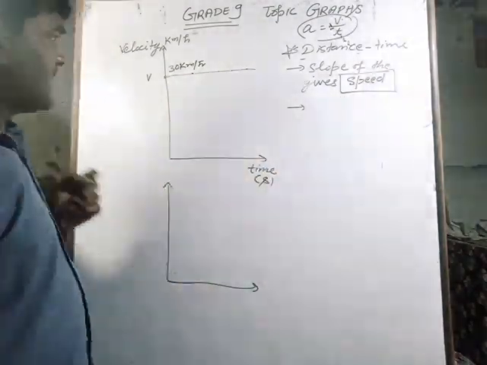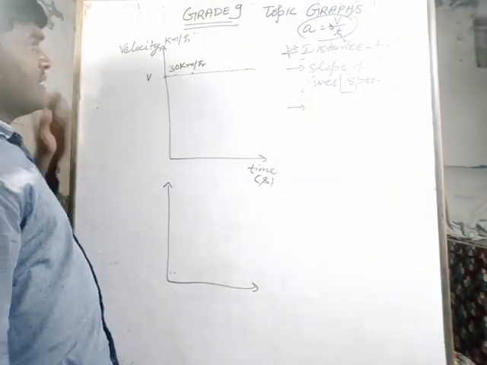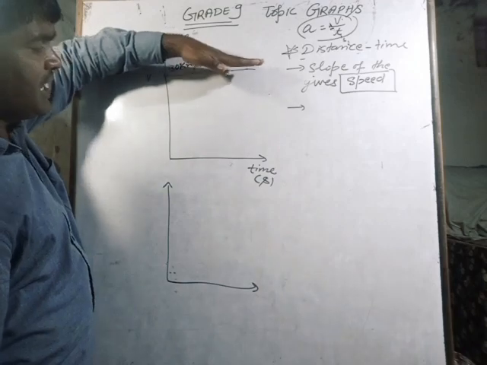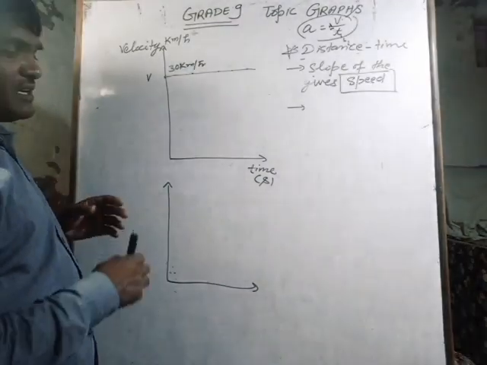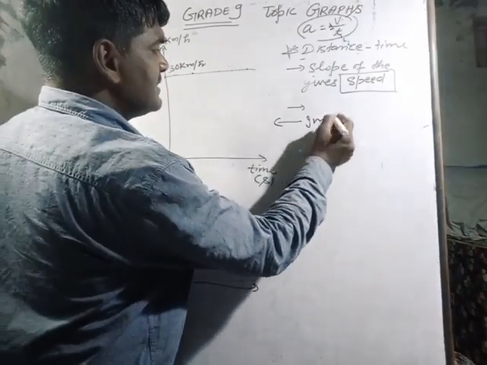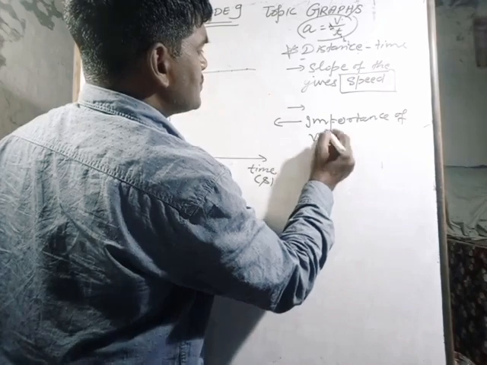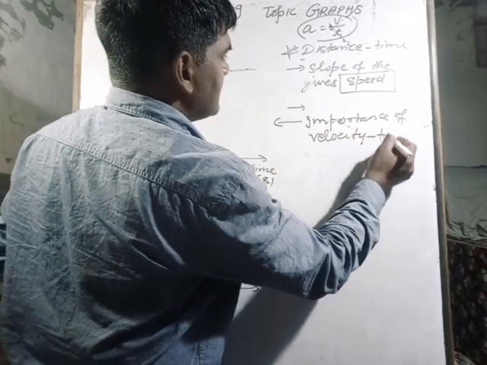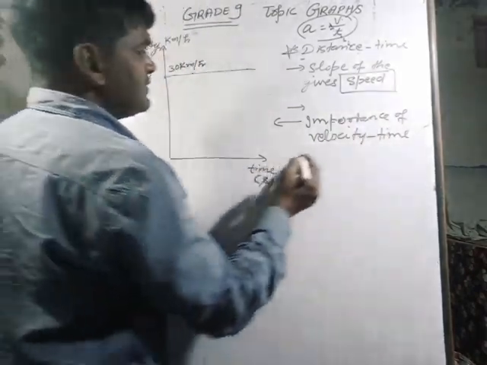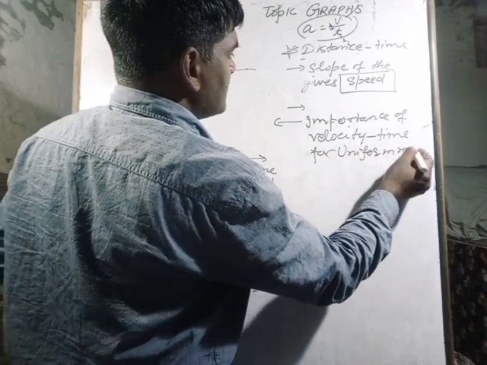Now let's look at the velocity time graph for uniform motion. The velocity time graph will be a line parallel to the time axis. Now what is the importance of that graph too? It may also have importance. So what is the importance of the velocity time graph for uniform motion?